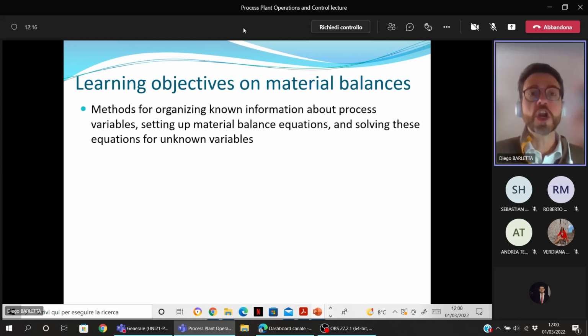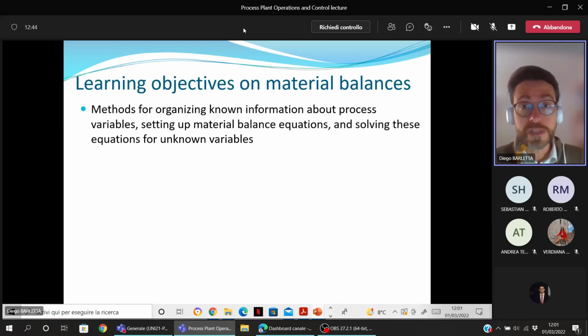Now, what are the learning objectives on this particular topic? We need to understand and acquire methods to organize information about the process variables. Yesterday, I introduced and recapped some of the main process variables that we will make use of today and in the following part of the course.